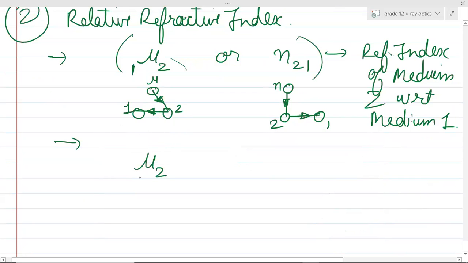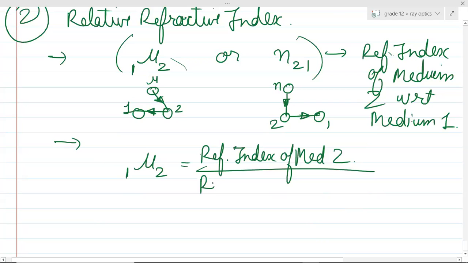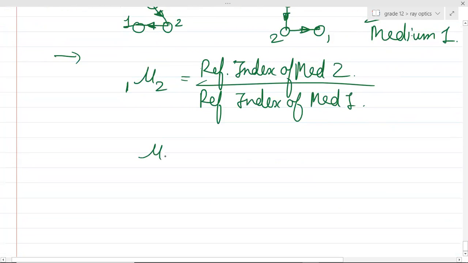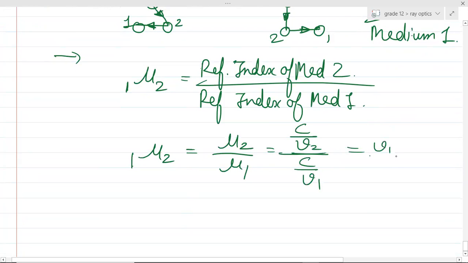If I have refractive index of medium 2 with respect to 1, this is basically the absolute refractive index of medium 2 with respect to the refractive index of medium 1. Please remember, this will be C by V2 divided by C by V1, and it will equal V1 by V2.